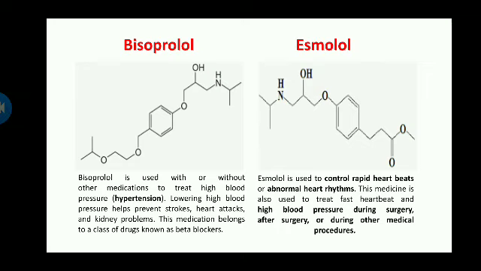This medicine is used to treat fast heartbeat and high blood pressure during surgery, after surgery, or during other medical procedures. So it is mainly used to control the heartbeat, whether it increases or decreases.